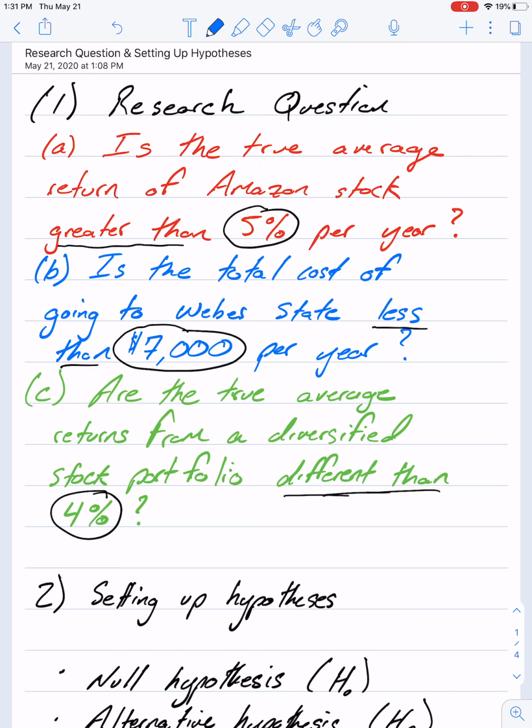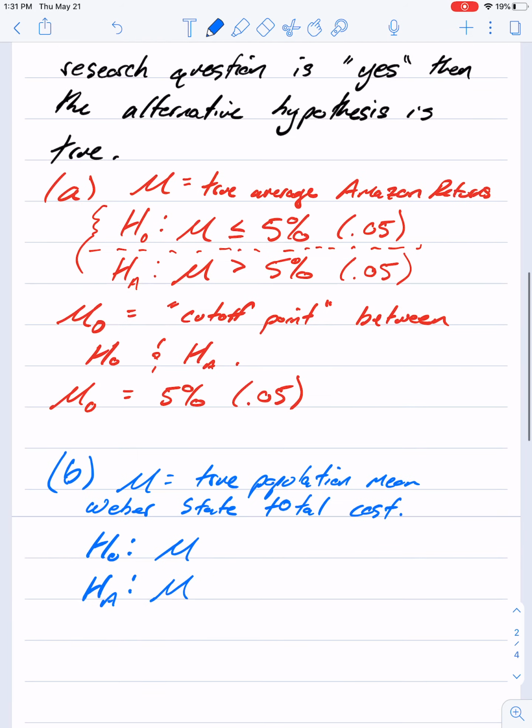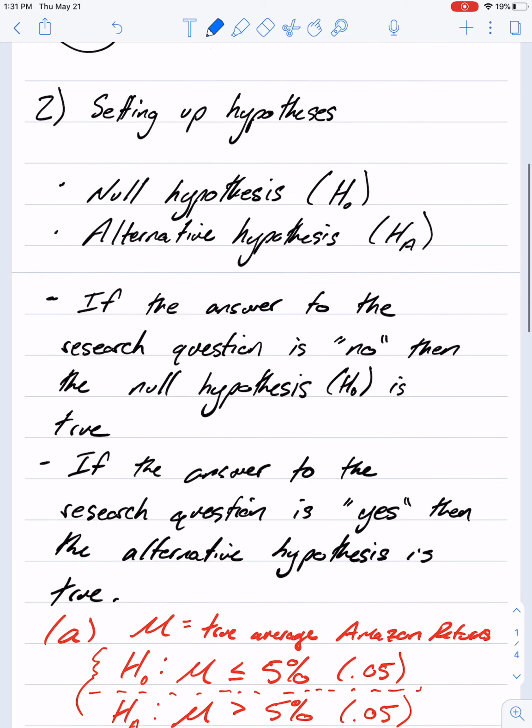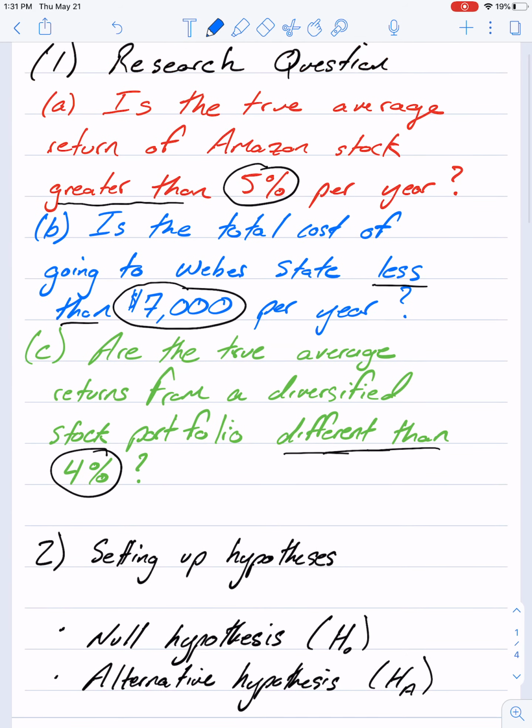So the answer to this question will be no if mu is greater than or equal to 4%. Or sorry, that's from the next question. $7,000, right? Because 7,000 is our cutoff point in this problem.